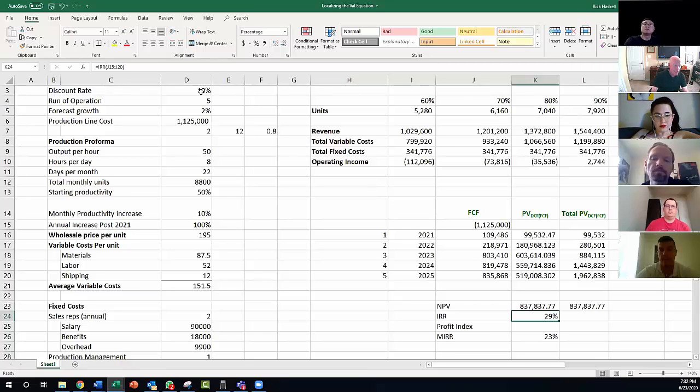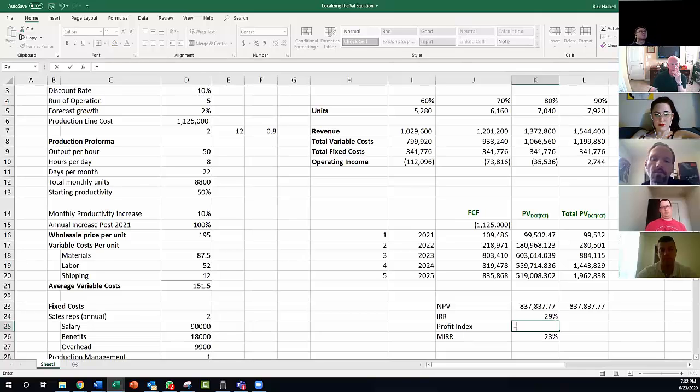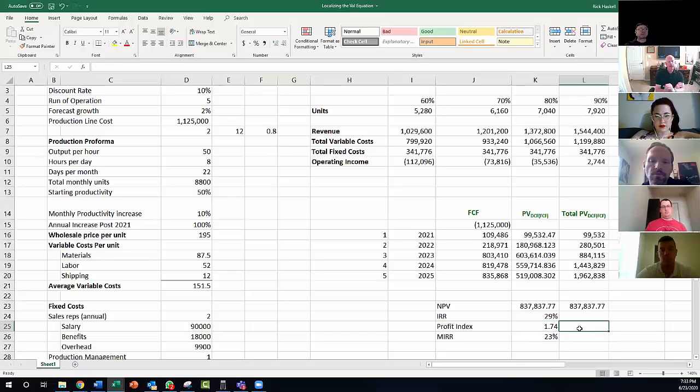Okay. How would I create profit index? Do you remember? The present value of the benefits divided by the present value of the cost. When the profit index is equal to 1, what do I know about the IRR?